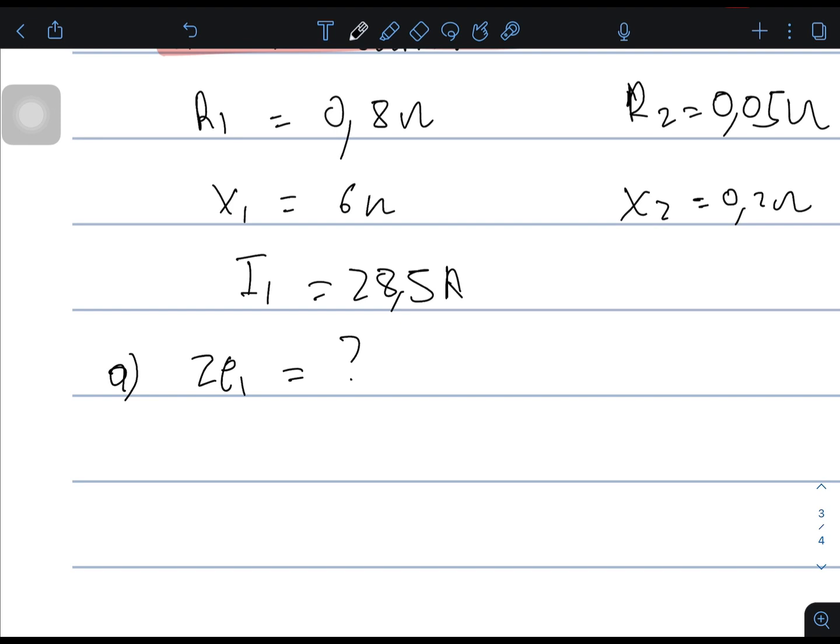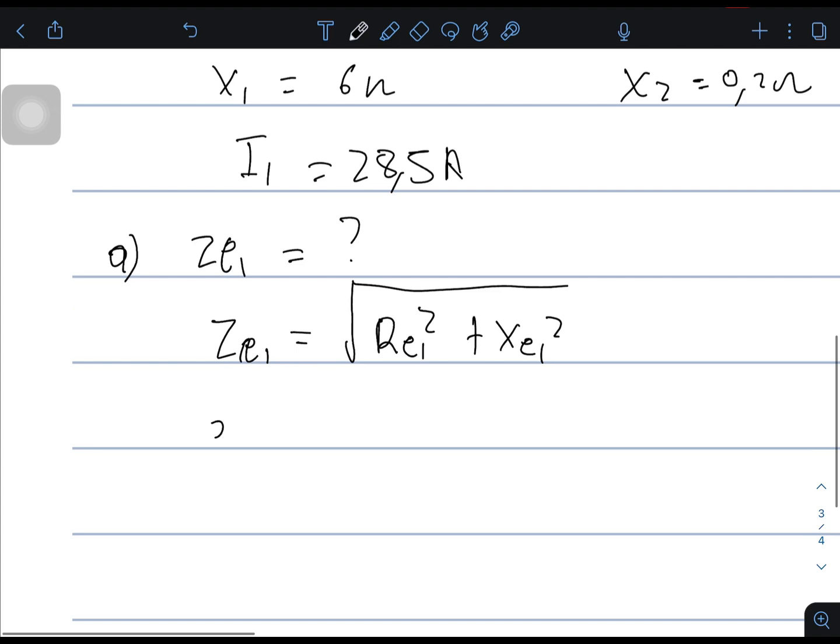For us to find ZE1, there are two formulas we can use. ZE1 is equal to the square root of RE1 squared plus XE1 squared, or we can use the complex number formula, RE1 plus jXE1.